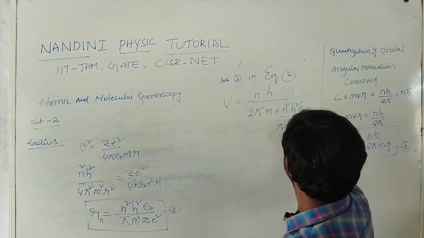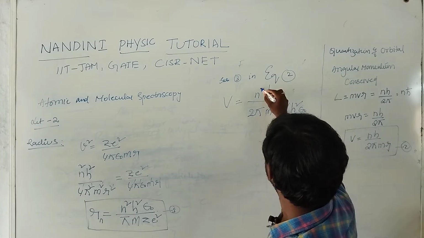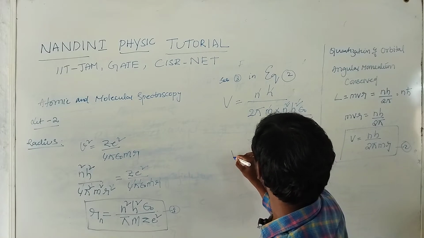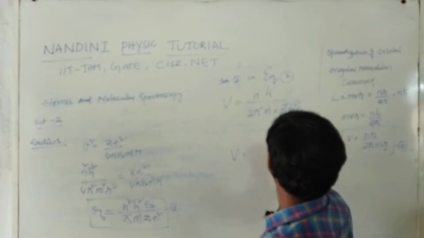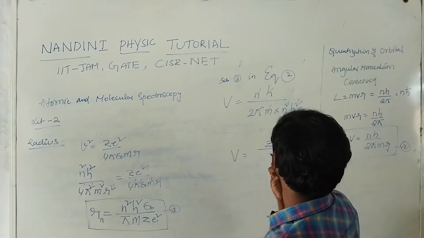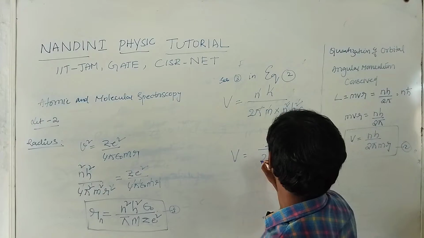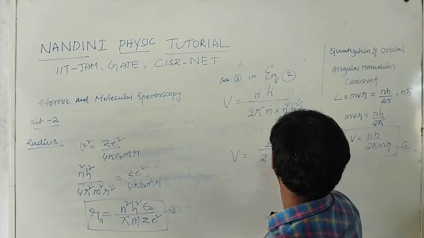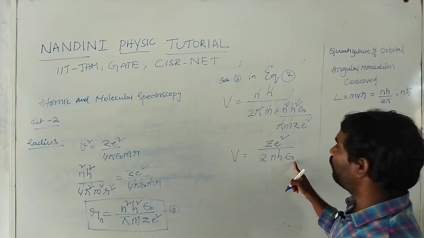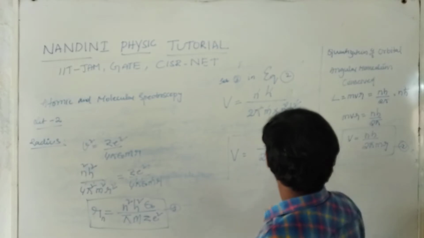So m will be cancelled, and one n, one h will be cancelled. Finally, pi will be cancelled, and v is equal to z e square divided by 2 n h epsilon naught. So this is your velocity equation, the velocity of the electron.